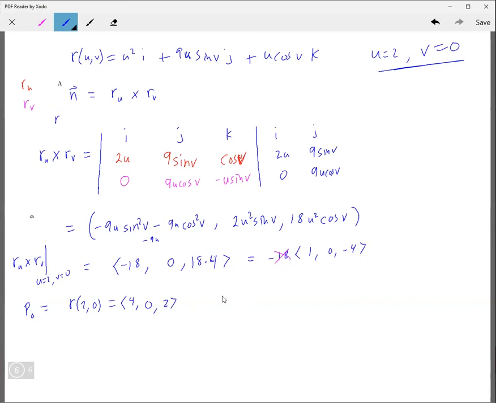In other words, it's going to be 1 times x minus 4 plus 0 times y plus, or rather, minus 4 times z minus 2 equals 0.